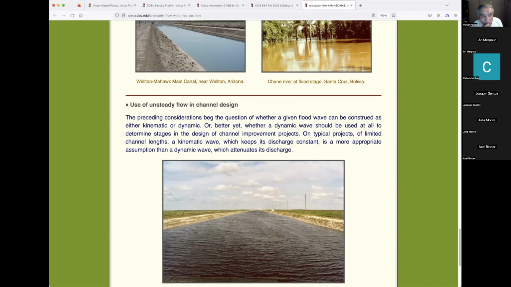The preceding consideration begged the question of whether a given flood wave can be construed as either being kinematic or dynamic. So is the wave kinematic or dynamic? Or better yet, whether a dynamic wave should be used at all to determine stages in the design of channel improvement, meaning design. On typical projects of limited channel lengths, like this one over here, this is a channel in Florida.